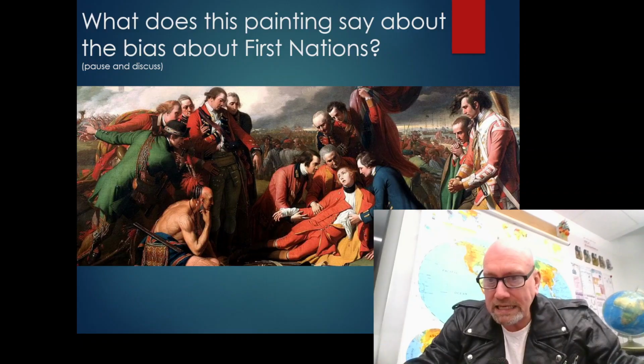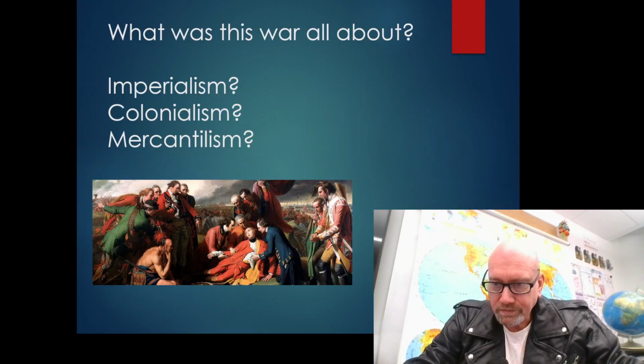They are painting it in a style where it's similar to religious paintings, similar to paintings of taking Christ off the cross. That would be religious painting seen in church. This flagpole that you see in the center of the image is similar to where a crucifix would be in a religious painting. So they're saying in this painting that General Wolfe is a great hero.